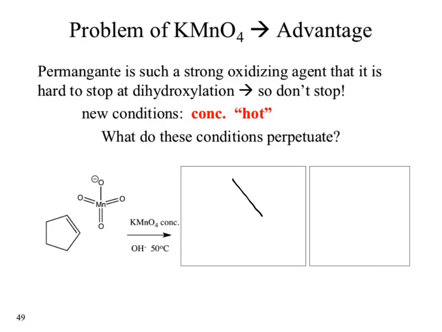So what I'm going to do is draw the pi bond again, but I'm going to stretch it out. The only thing reacting is the pi bond, so what happened to the rest of the atoms? They're the same. So I'm going to draw the rest of the atoms on. Now here's where the cheat comes in handy. I break the alkene.